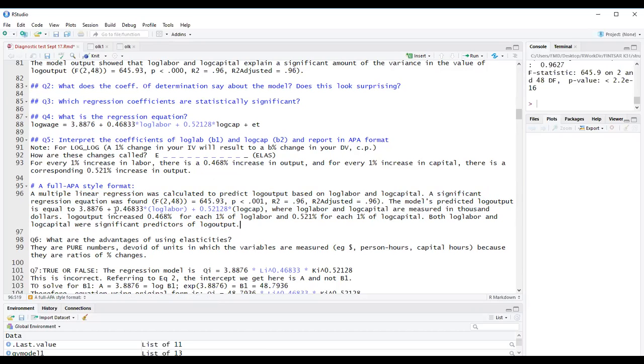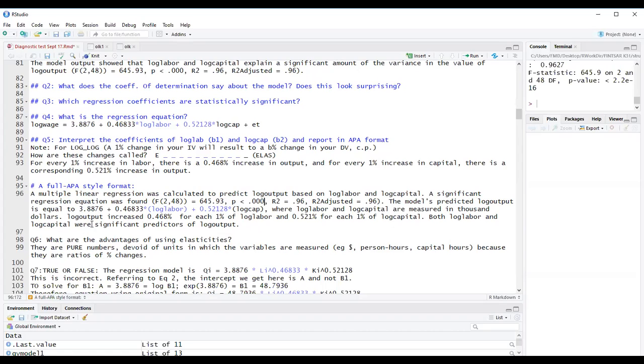A significant regression equation was found, F(2, 48) = 645, p = 0.000, R squared is 0.96, R squared adjusted 0.96. The model's predicted log output is equal to this plus this times log labor plus log capital, where log labor and log capital are measured in $1,000.